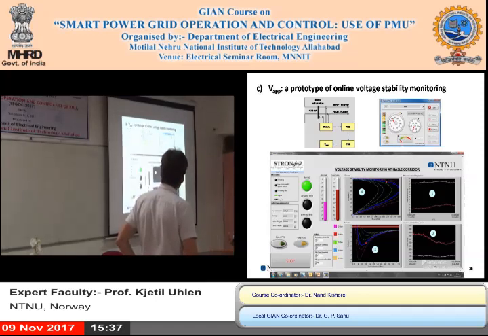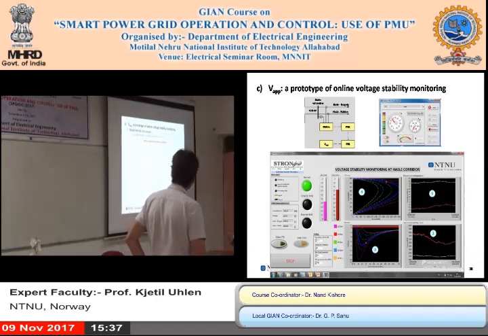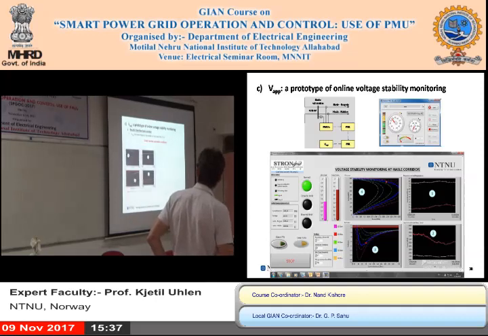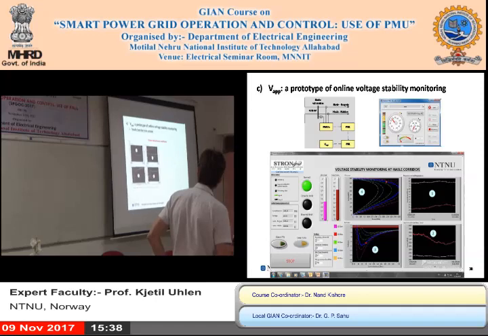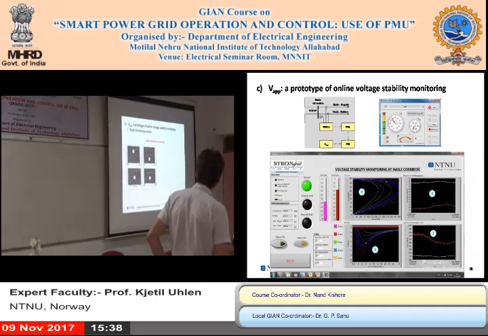So, some results during normal operation. See that we have fairly good margin here. The point is up here. It's a little bit higher here. It also works when there is a transient.